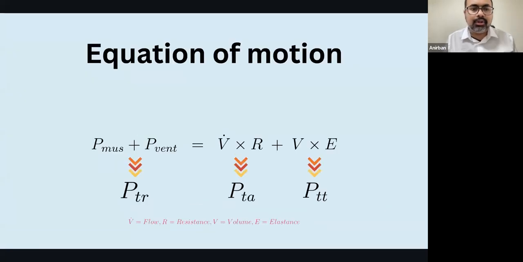So coming to the equation of motion, this is very important. If we have understood the previous cartoon, then we have realized that this is nothing but a mathematical representation of that cartoon. So the pressure of our muscles and the ventilator together. If we are paralyzed, sedated, with no respiratory drive, then the muscle pressure will be zero. The ventilator will completely take over, and it will become controlled mandatory ventilation.